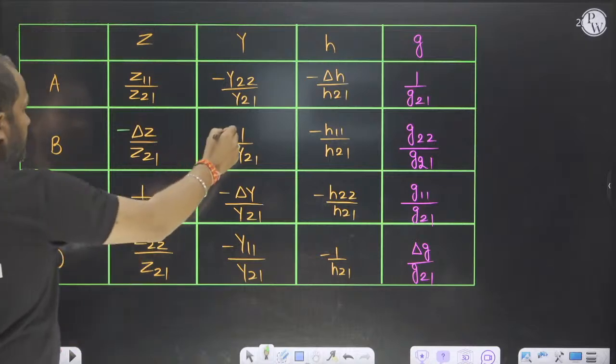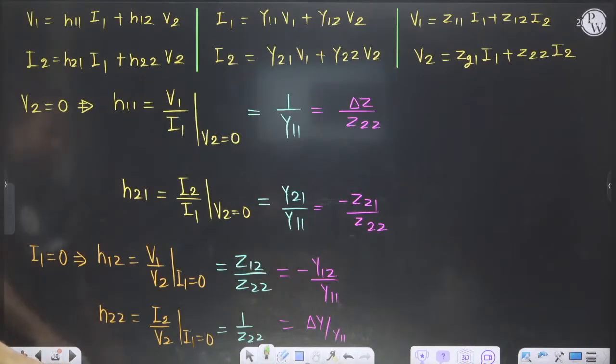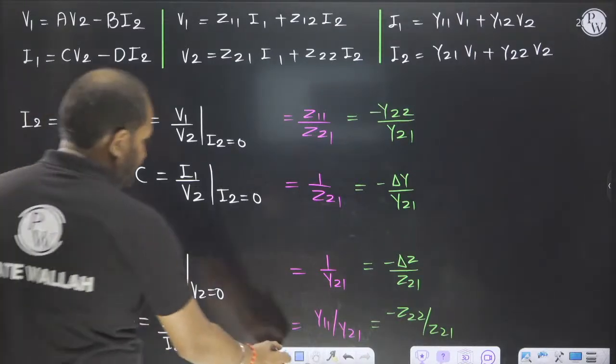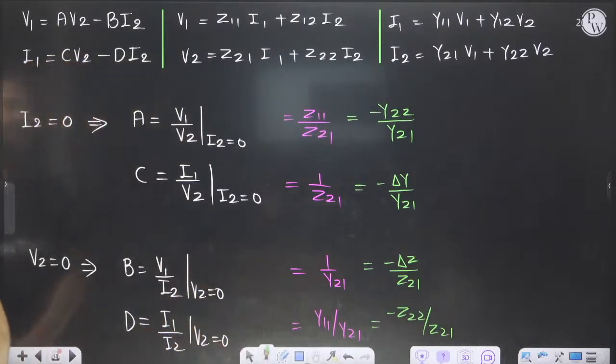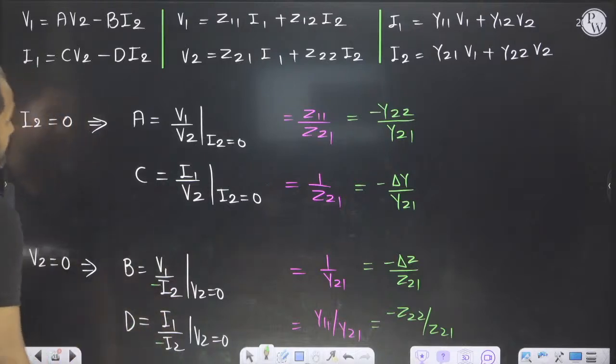Okay, so I think the sign convention is somewhat wrong. Okay, I have done it wrong. What have I done wrong? The term is minus I2 divided by minus I2.